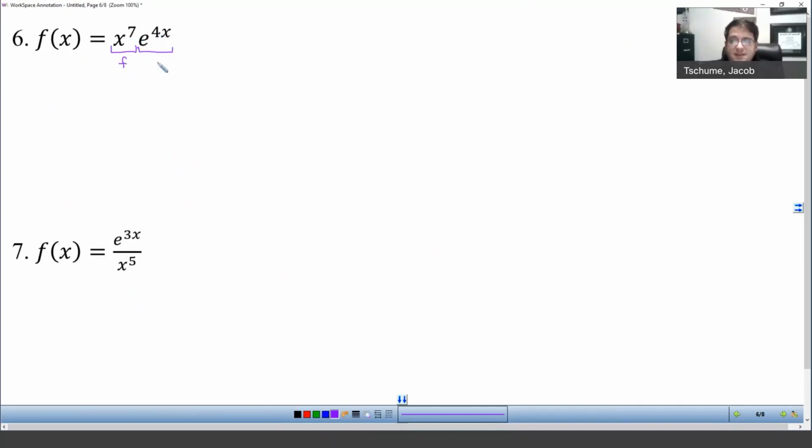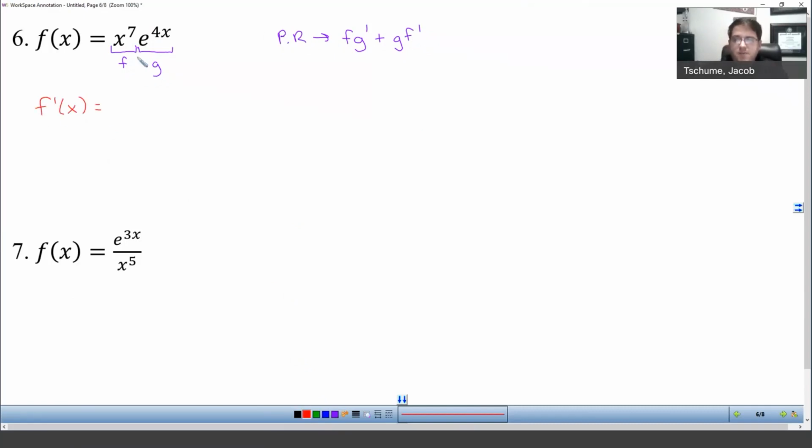I'm going to let x to the 7th be my f function, and I'm going to let e to the 4x be my g function. My product rule says that we are going to do f times g prime plus g times f prime. So when I apply this formula to the derivative of my function, we should get the following.